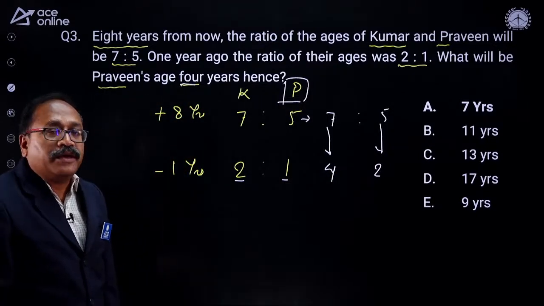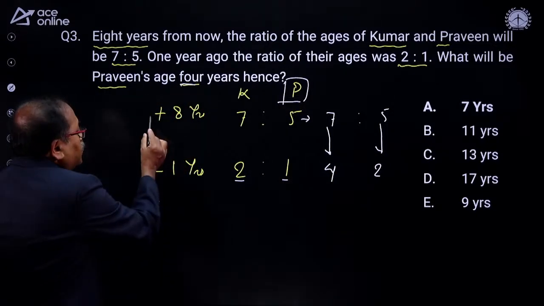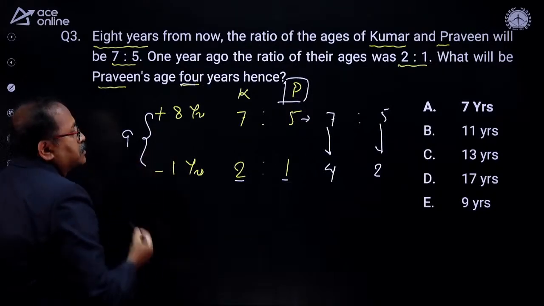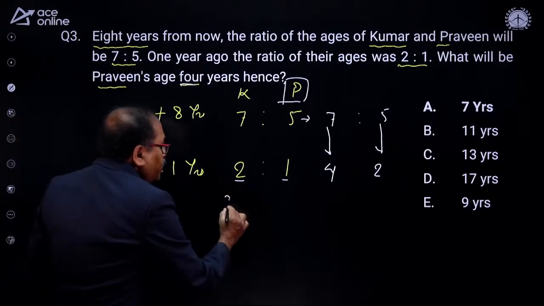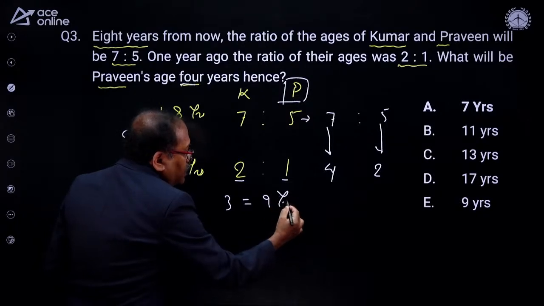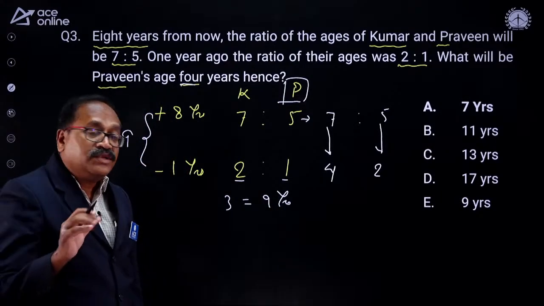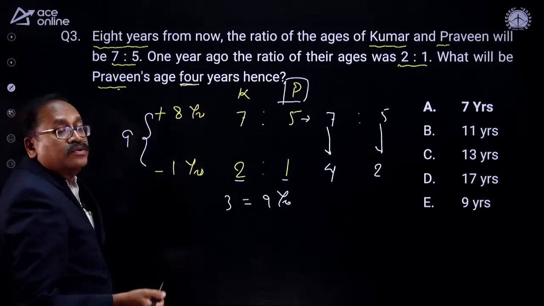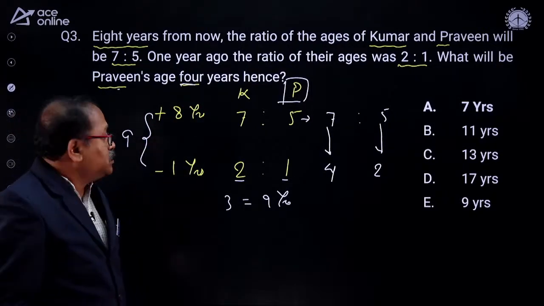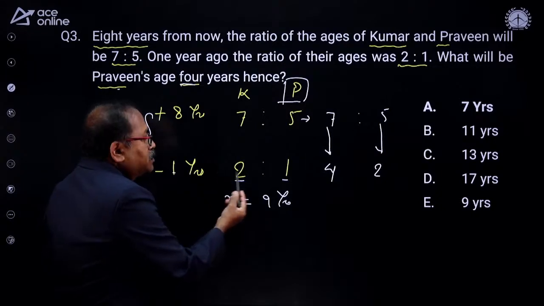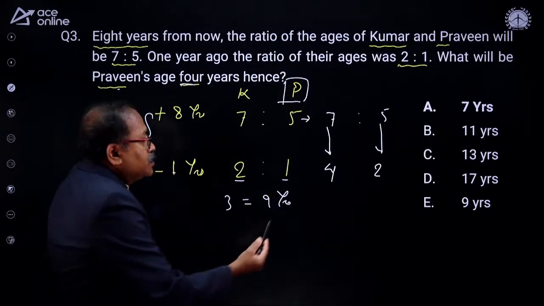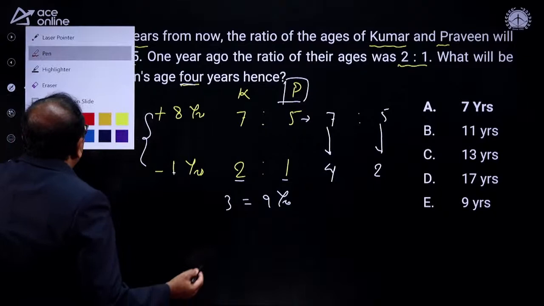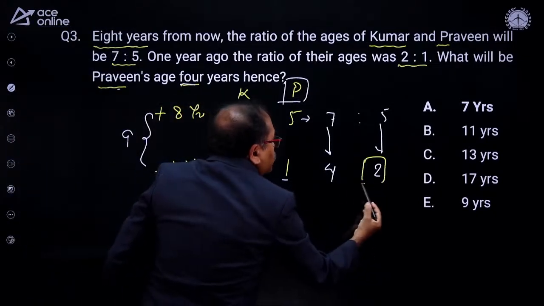If the difference is 3 and the number of years gap over here is 9 years, so 3 parts is equal to 9 years. Directly I worked it out. What are we asked? What is the question here? What is P's age? 5 parts. Hence, 1 year earlier, what was his age? 1 year before his age was 2 parts.